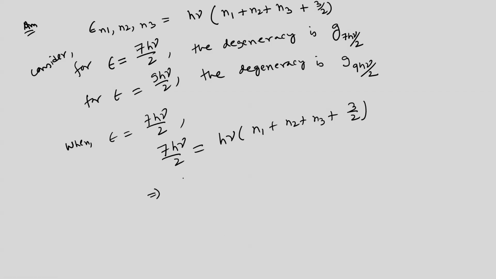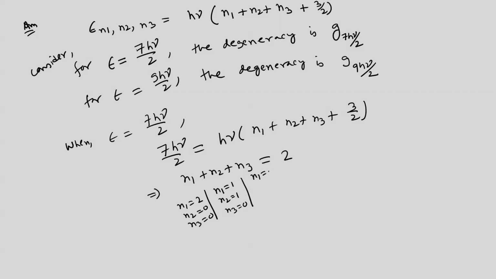So, it gives us n1 plus n2 plus n3 is 2. We can have n1 equals 2, n2 equals 0, n3 equals 0. Second possibility is n1 equals 1, n2 equals 1, n3 equals 0.